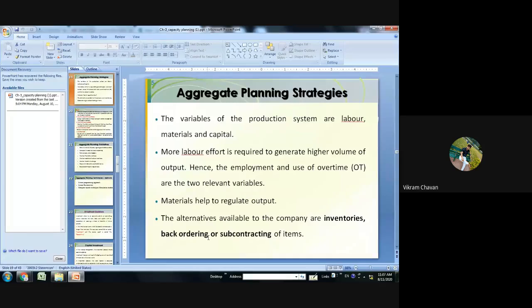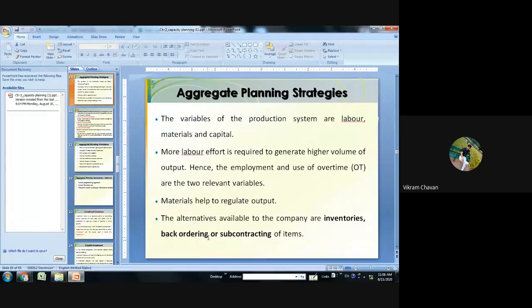We come to know that the more labor force is required to produce more volume, and someone can accommodate this variable by changing the time duration of working. In case of a high load, we have to provide overtime, or we can assign overtime to the workers. And in case of a regular load or a low load, the standard working time will be provided to the worker.